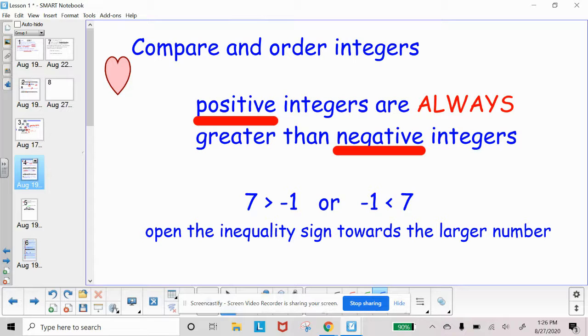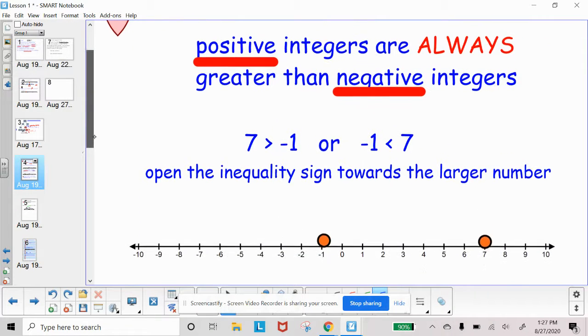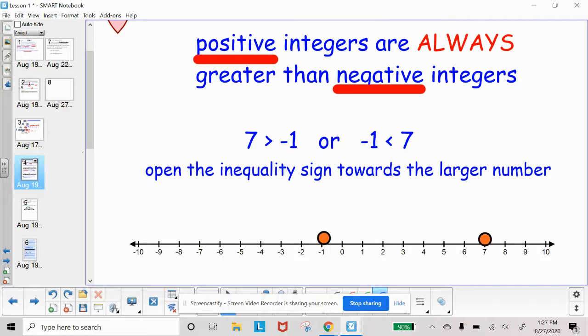Okay, so if we're to compare and order integers, comparing, we think of greater than or less than. So we have greater than or equal to, less than, or less than or equal to. Okay, so let's look at some examples. Positive integers are always going to be greater than negative integers.